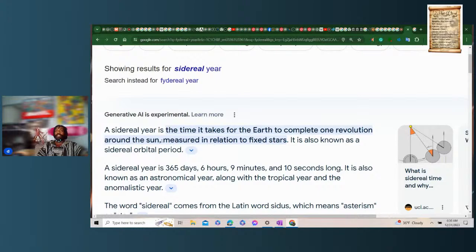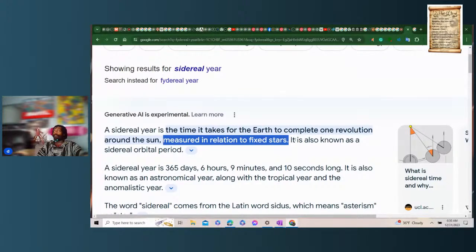Now, the way that it's done is it's measured in relation to fixed stars. So the fixed stars are the 2 points that we would use, or the multiple points that we would use. Okay, so like I said earlier, I think we should use both the constellations. I said we should use the fixed stars and we should use the Mazzaroth, the zodiac. So I agree with that.